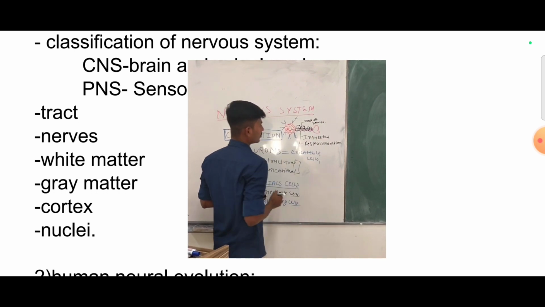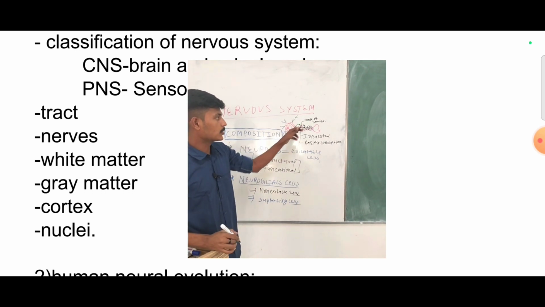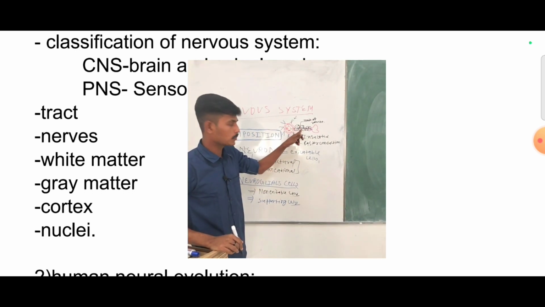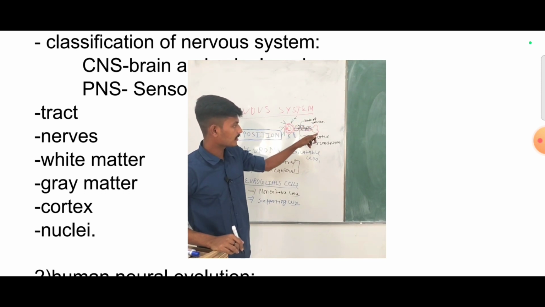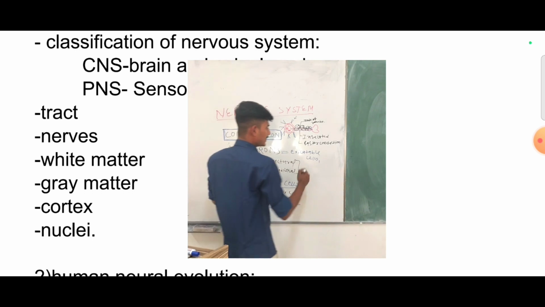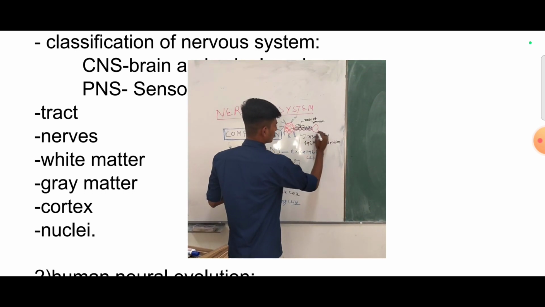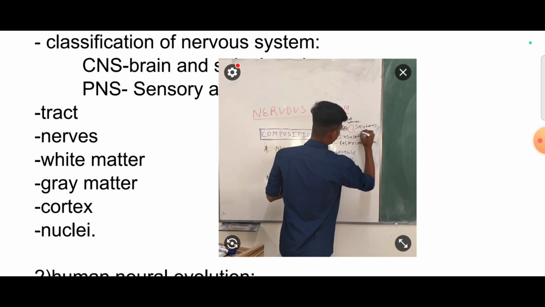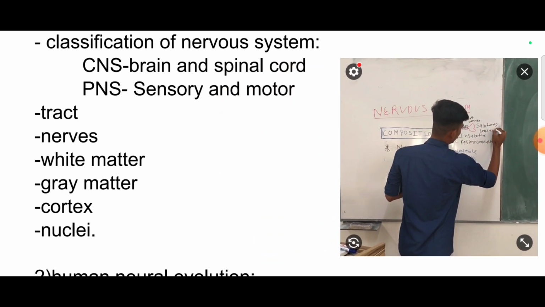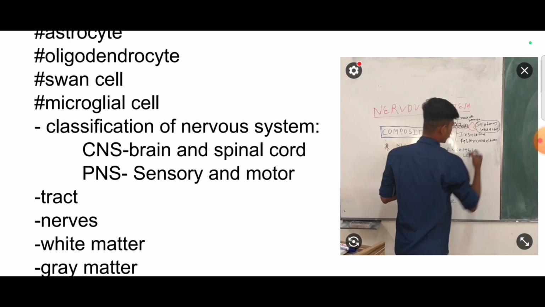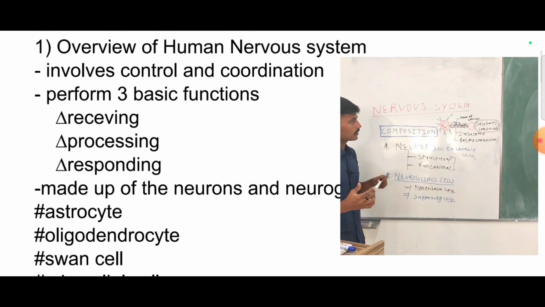Write down node of Ranvier. Here there is no myelin sheath present, so electrical signals directly jump to this point, then again to another point, and this is the propagation. This type of propagation is called saltatory conduction.